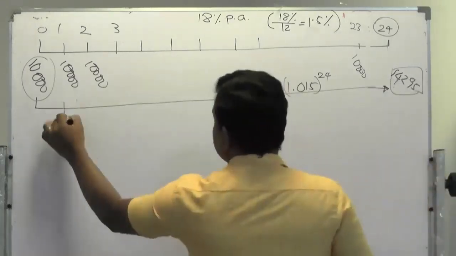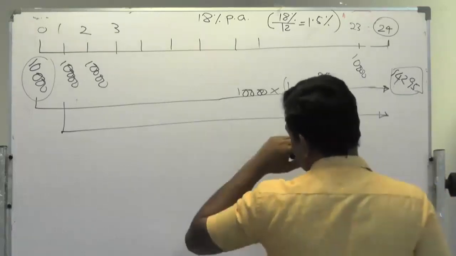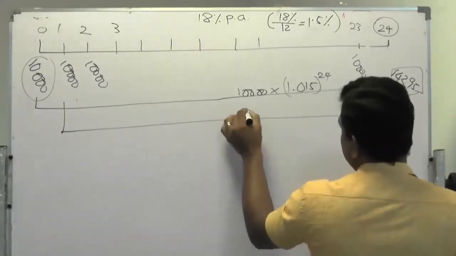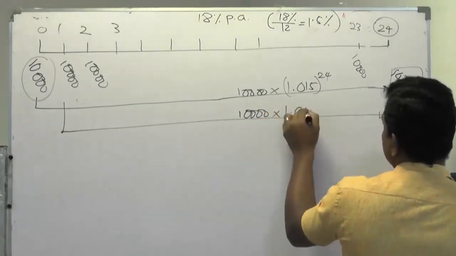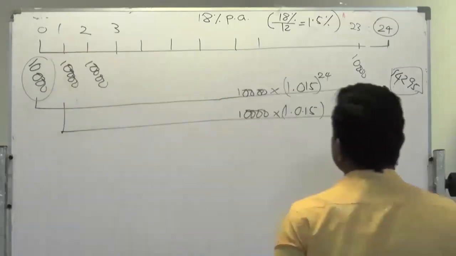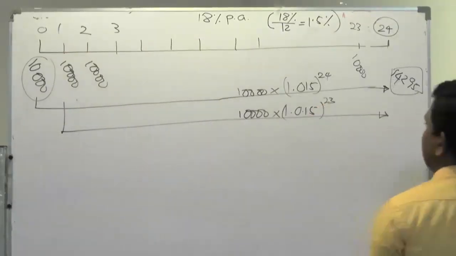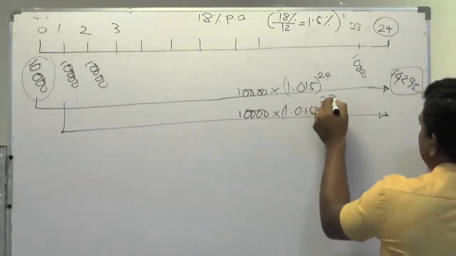Now, the second 10,000. Second month beginning 10,000 into 1.015. You have made it at the beginning of the second month, therefore you need to pay interest for 23 months.